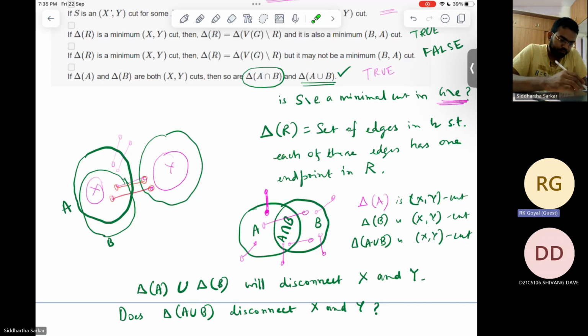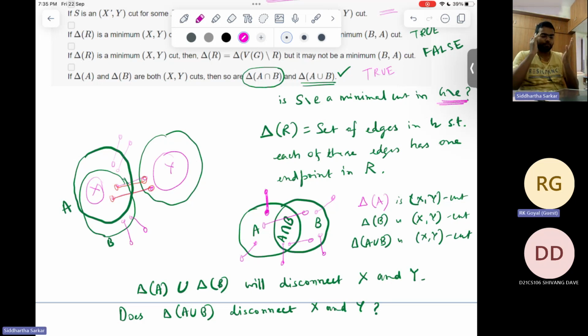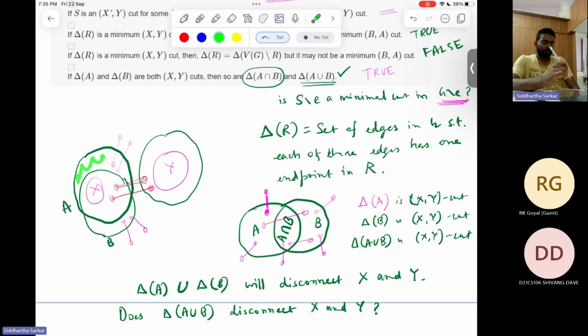Maybe it is not true that A is contained in B or B is contained in A, that I'm not convinced. Maybe B and A are like this only, that A intersection B is some portion. So maybe there is some portion of B outside of A, there is some portion of A outside of B. And whatever is emanating from A minus B and B minus A, these all are the extra edges, right?